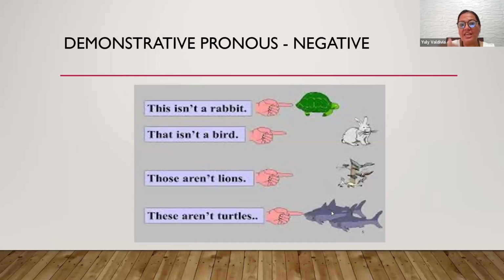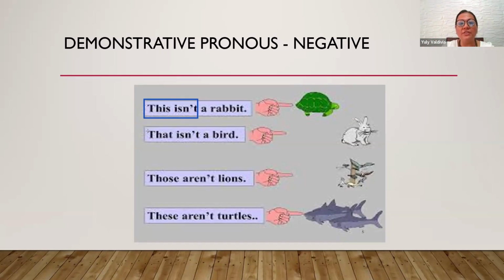So we say this is when we want to say este es. But what is the negative form? Here we have, this isn't. Repeat after me, isn't. This isn't a rabbit. Because this isn't a rabbit. This is a turtle. Wonderful.